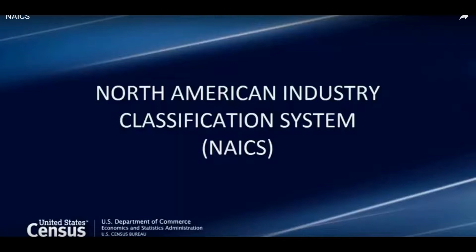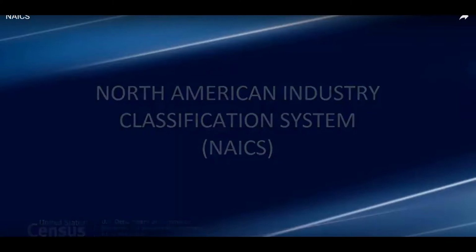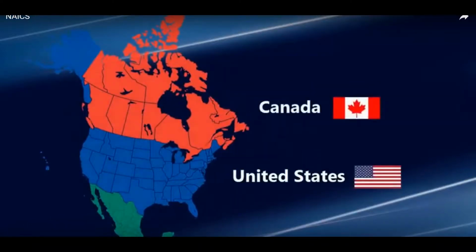The North American Industry Classification System, or NAICS code, was established in 1997 and developed jointly by the U.S., Canada, and Mexico to compare business statistics among the North American countries.